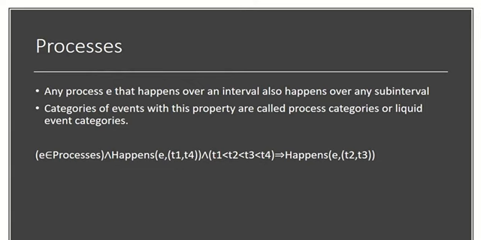The description is given below. For example, the event e belongs to processes and e happens over T1 to T4, and T1 is less than T2 is less than T3 is less than T4, then that implies e happens over T2 to T3. If we resolve this, the left hand side of the predicate gives us the right hand side.